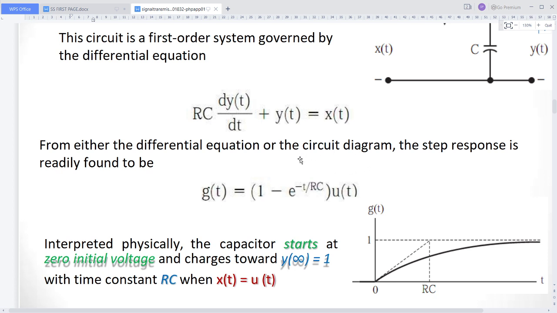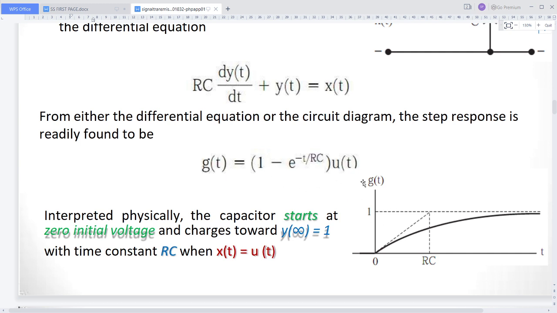That step response I have just explained. It is the response we get from the system by applying the unit step signal as input, so that we get g of t equal to 1 minus e to the power of minus t by RC, into u of t. It is nothing but the unit step response of the first order differential equation.